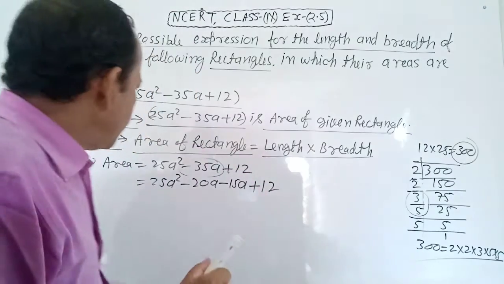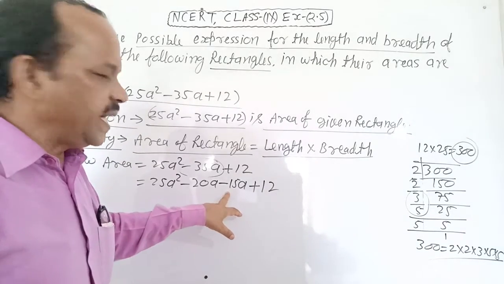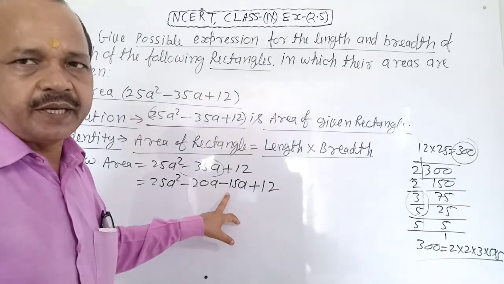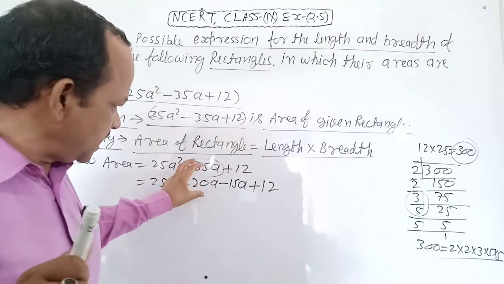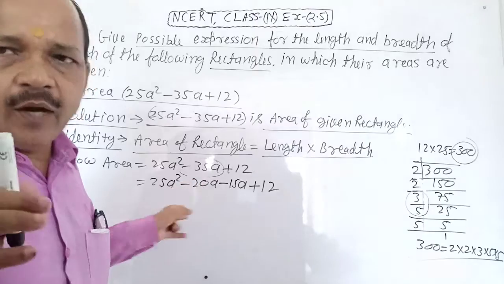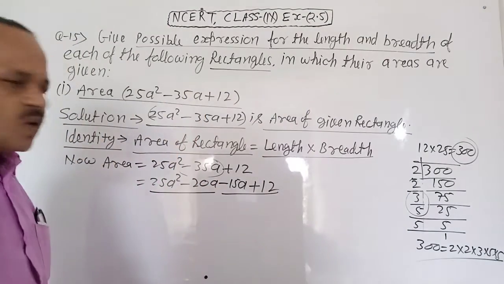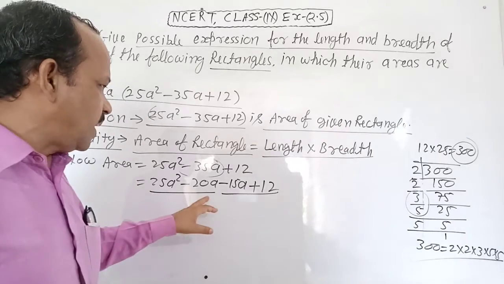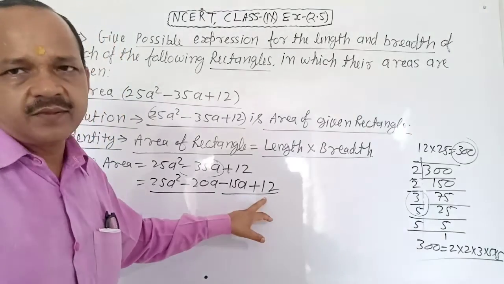You find minus 20 and minus 15. Total becomes minus 35. It means it is correct. Clear? Now you make two pairs. First pair is 25a square minus 20a. Second pair is minus 15a plus 12.